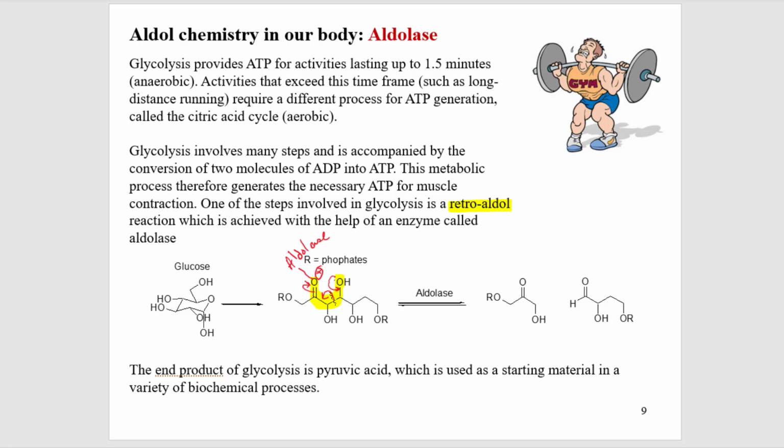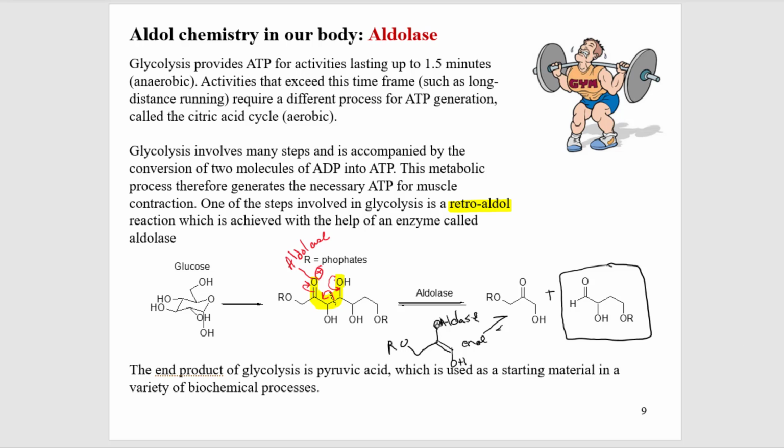And what you end up with is this molecule and the pyruvic acid, which at first aldolase is still attached to it. But you have this enol, and it's going to tautomerize to the carbonyl form, which is what we see.